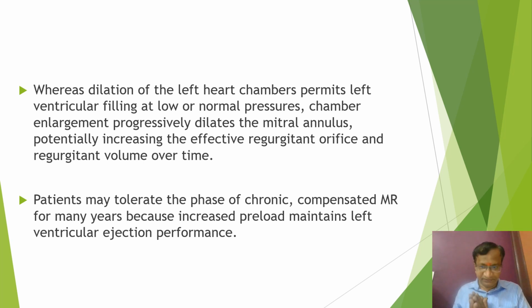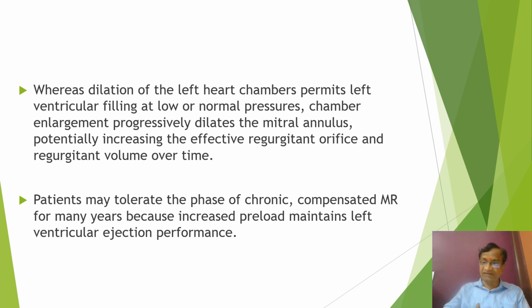Now you see, the ventricle contracts. It has to go to the aorta, but it goes to the LA. The LV is slowly dilating. The more blood comes again back to the LV. So there is a sarcomere stretch. It contracts, more to the aorta, more again to the LA. LA dilated. So it progressively dilates the LA, progressively dilates the LV, so that again the mitral annulus dilates.